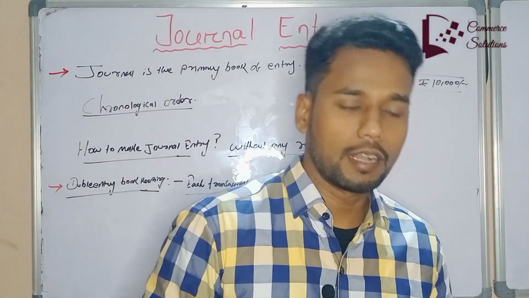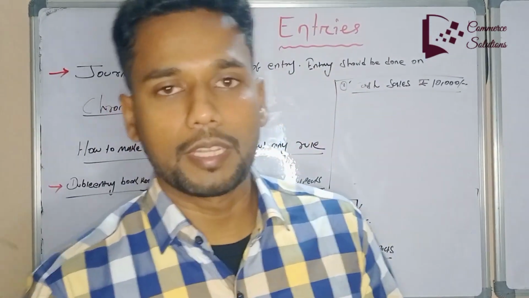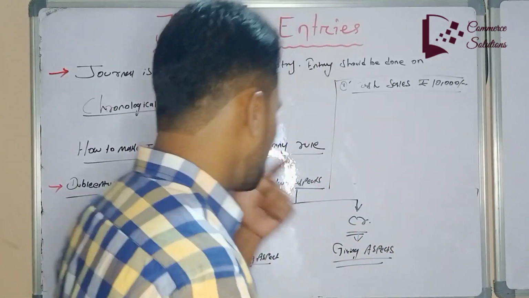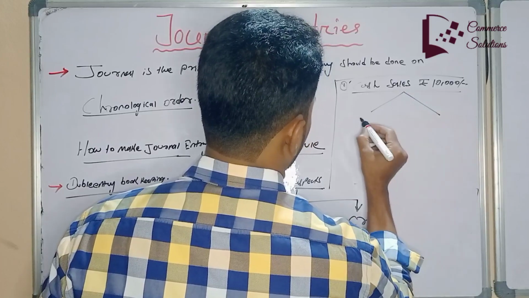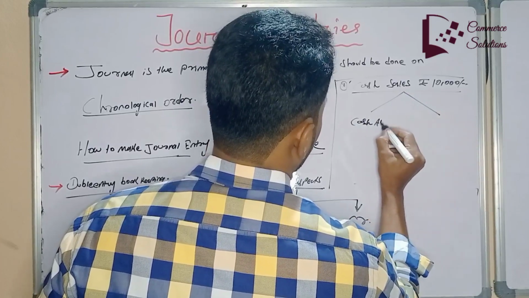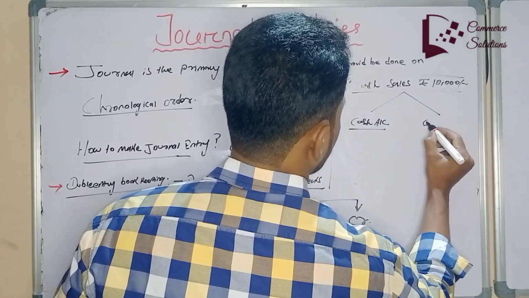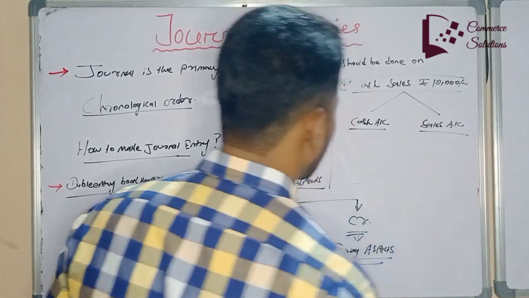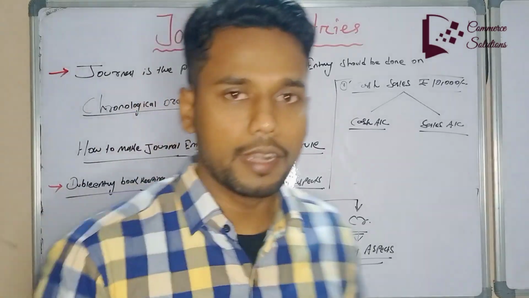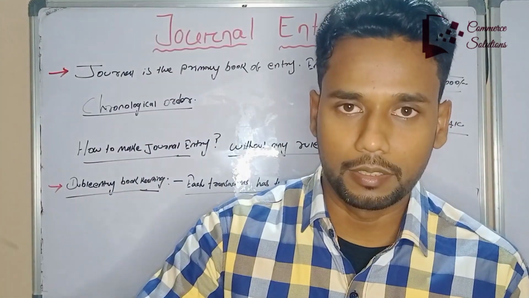We are receiving cash and in exchange we are selling some goods. So here also each transaction has two aspects. One is the cash account, another is the sales account. Here we are receiving cash and giving something, that is called selling.